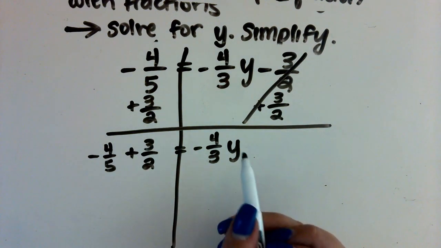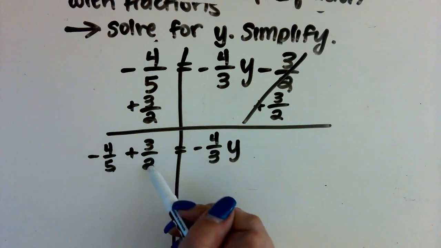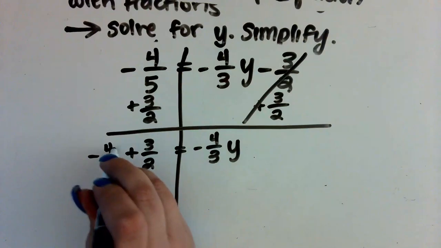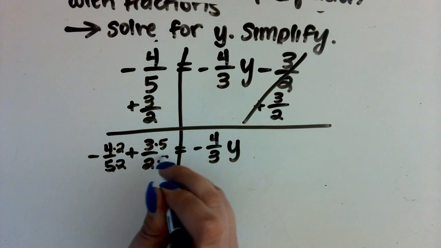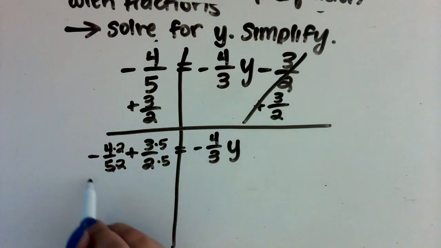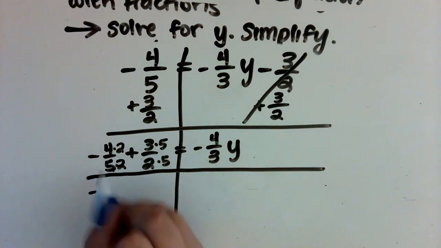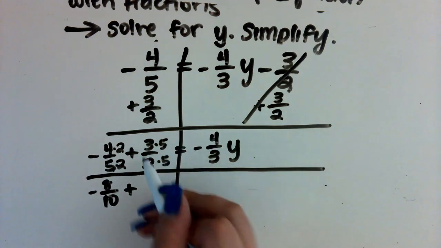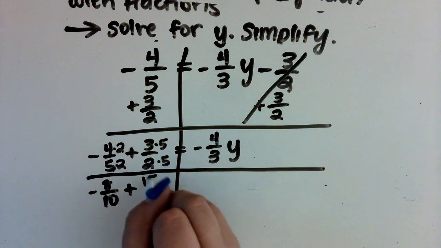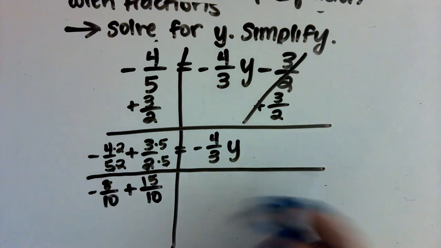Now again, like we've been saying, we need to find those common denominators, so we're going to multiply the opposite fraction by the opposite fraction's denominator, okay? Which means on this side we're going to multiply by 2, on this side we're going to multiply by 5, okay? Let's go ahead and do this math, making sure we're drawing those horizontal lines. So we have negative 4 times 2 is negative 8 over 5 times 2, which is 10, plus 3 times 5 is 15 over that same denominator, 2 times 5, which is 10.